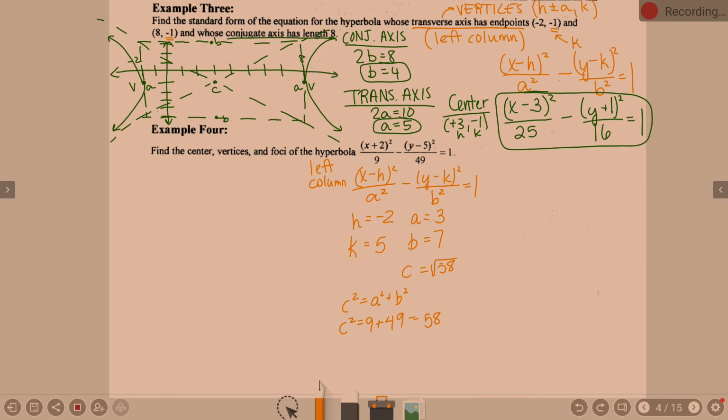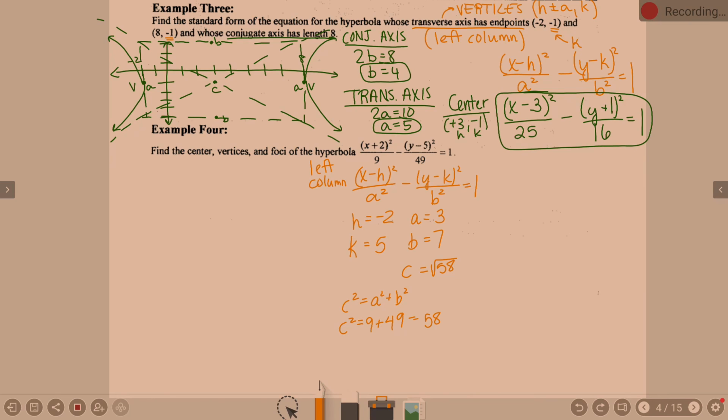I don't think there are any perfect squares in there. This is the first time I've ever seen the square root of 58. It's ugly. All I can say is 58 divides by 2. 2 and 29, and 29's prime, so it's not going to do anything else.